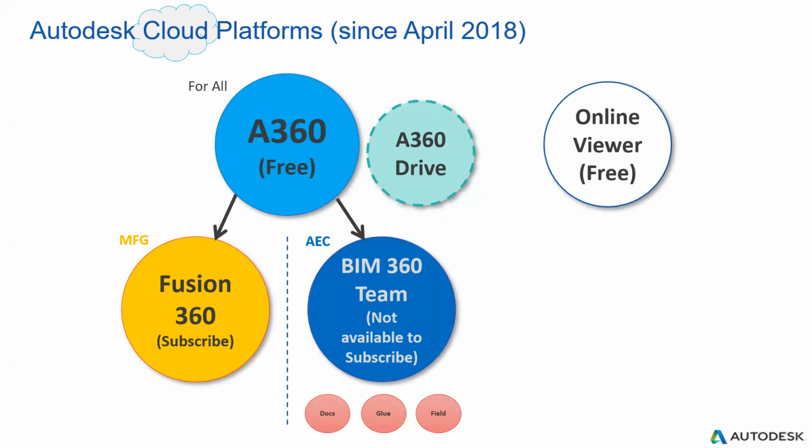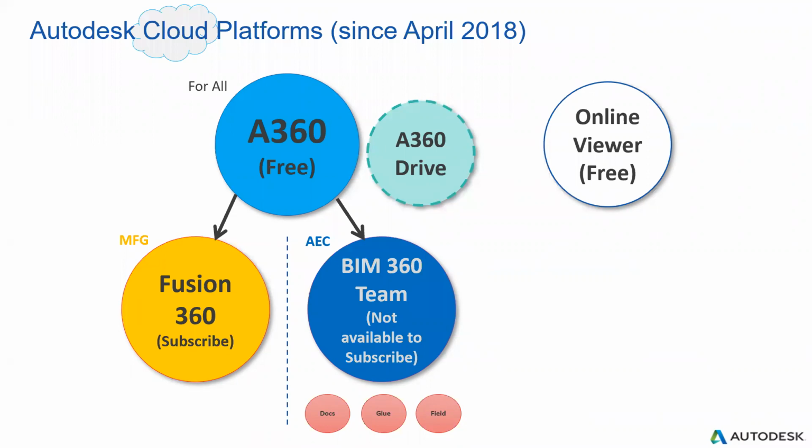Beyond running one single project, in reality, for example, a general contractor may have a lot of projects to run at the same time. So they have to use a professional cloud-based solution. This is BIM 360. Previously, we had BIM 360 Team, Docs, Glue, or Field.